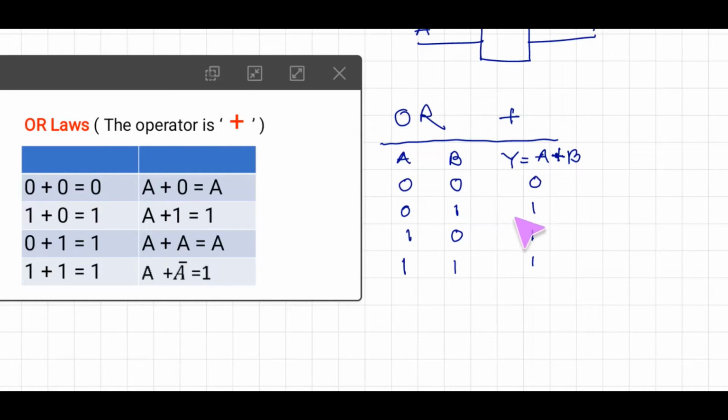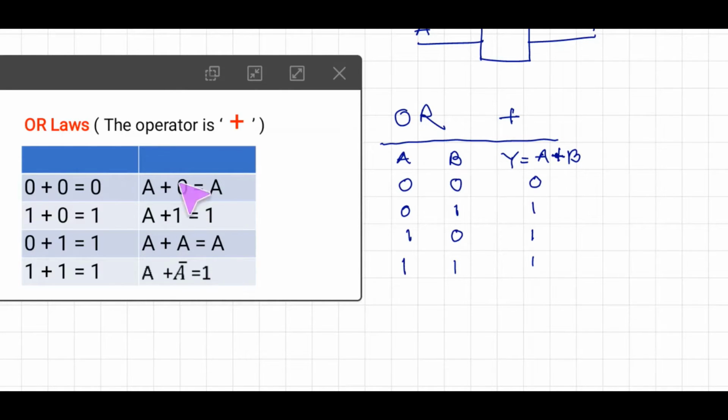Similarly, if any unknown input A is there, then A or 0 is always A, A or 1 is always 1, A or A is A, and A or A bar, or A complement, is always 1.